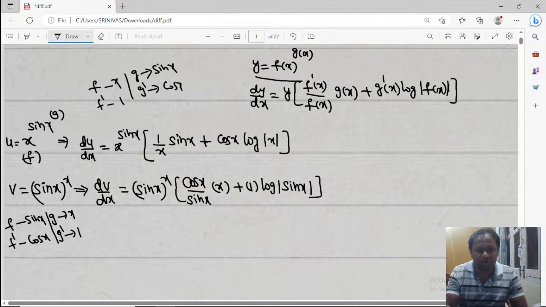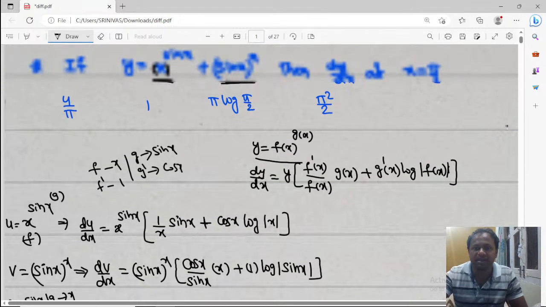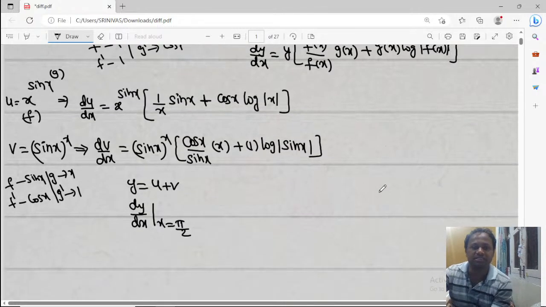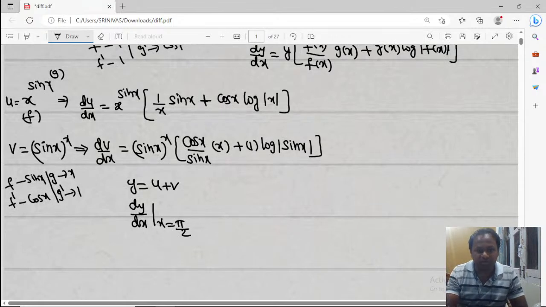So substitute all these. y is equal to u plus v. So dy by dx at x is equal to pi by 2, as given in the question. Substitute x is equal to pi by 2 here.